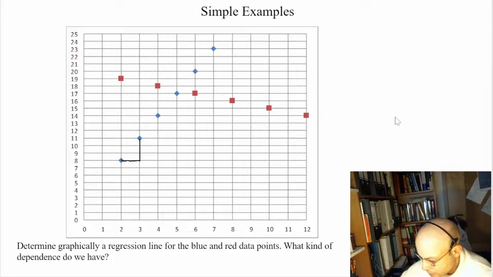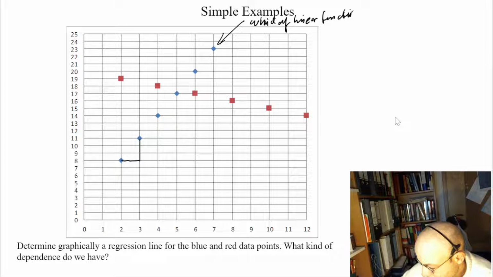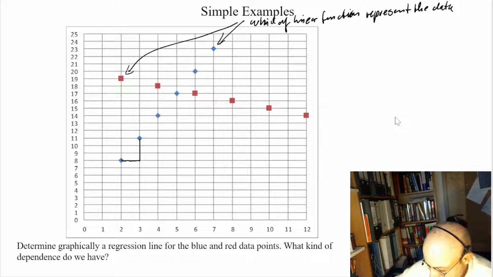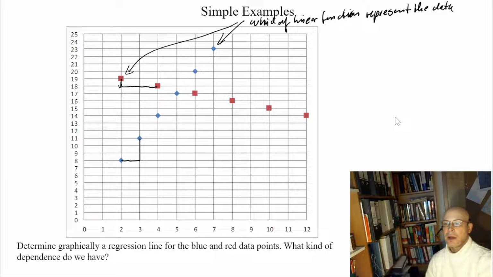So for the blue line, which kind of linear function represents the data, and also for the red function here, you see I go 2 steps to the right and then 1 step on the y-axis downwards.